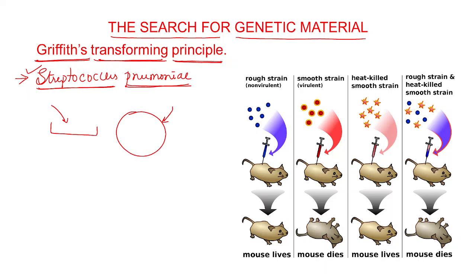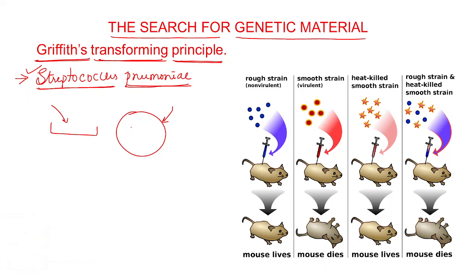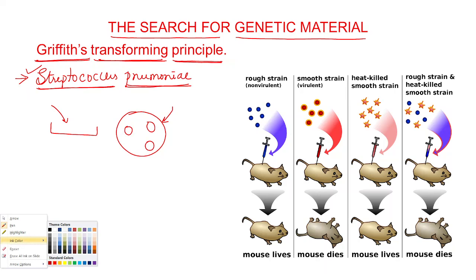When he was culturing the bacterium, he found that there were two different types of colonies.